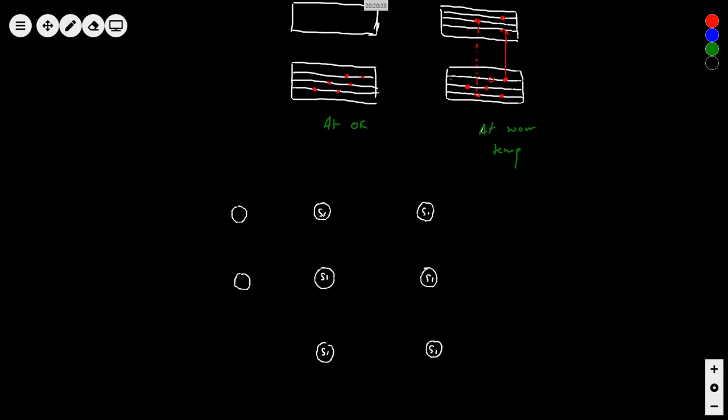The valency of Si is 4 plus 4, so they will form covalent bonds like this.